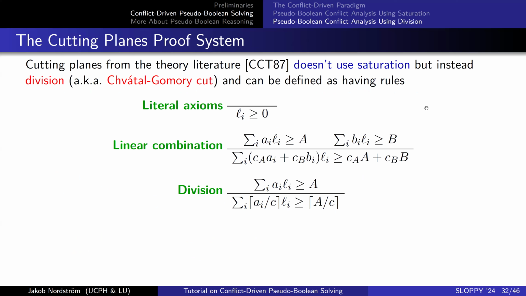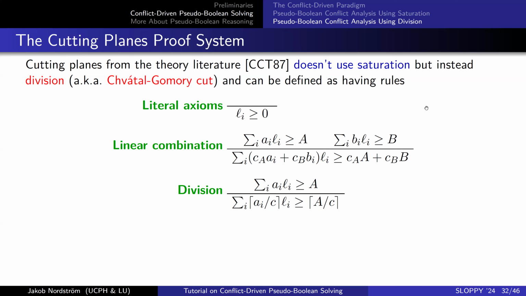I talked during the first lecture about cutting planes. The cutting planes proof system does not use saturation, but uses a so-called division rule. So you still have that all literals are non-negative. You can take positive linear combinations of constraints, which is a combination of addition and multiplication.